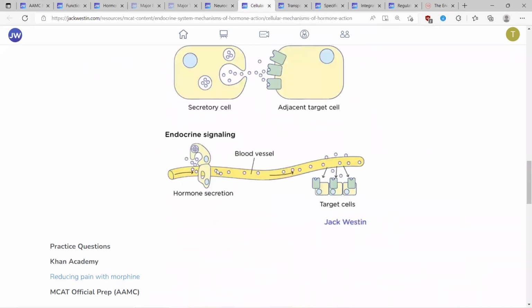Endocrine signaling refers to hormones that are transported across the bloodstream, and if they're in the blood, then they can go anywhere in the body. That's what we want. From where the hormones are produced, they can disperse throughout the body and affect target cells way far away from where they were actually produced. So this is endocrine signaling.